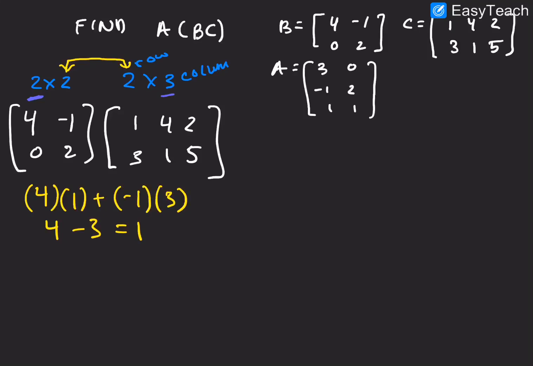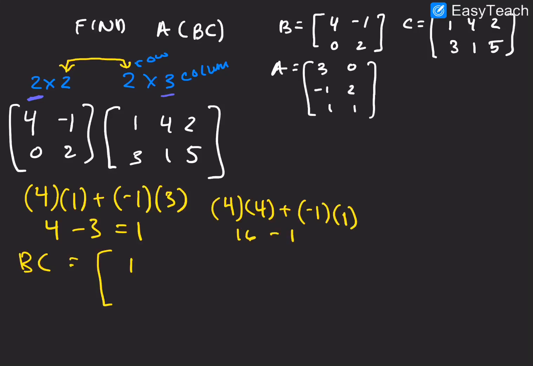So our first term in B times C will be 1. If I multiply 4, -1 by that other column, I have 4 times 4 plus -1 times 1. I have 16 minus 1, which is 15.